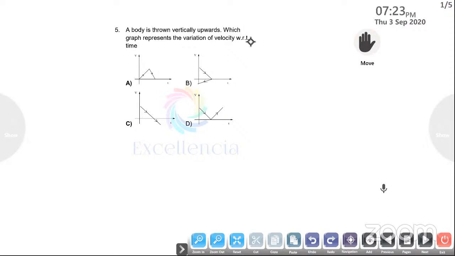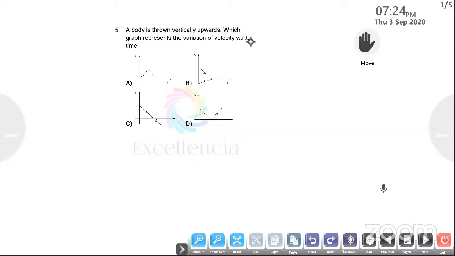Yes, students, this is the question based on mathematics on graphical representation. Here it is given that a body is thrown vertically upward direction. Which of the following graphs represents velocity versus time? And here we can see that the particle is thrown vertically upward direction.